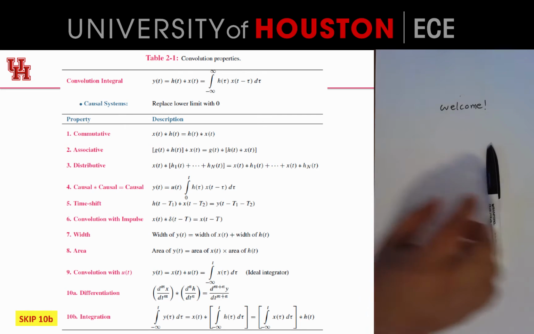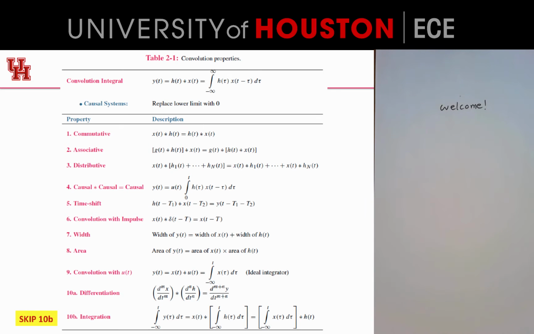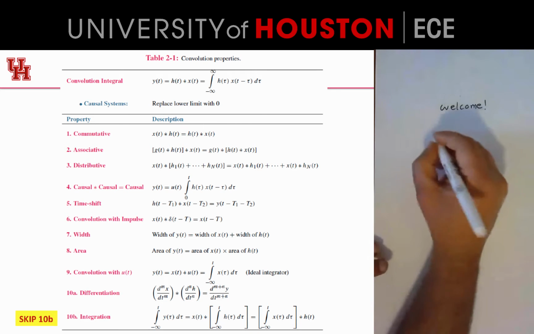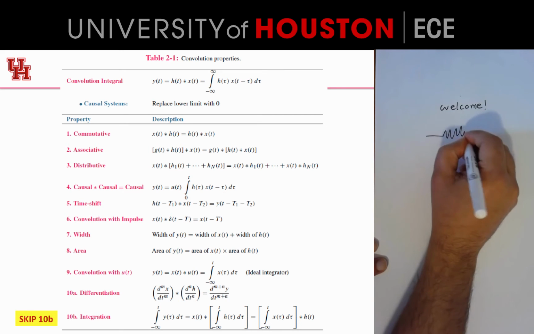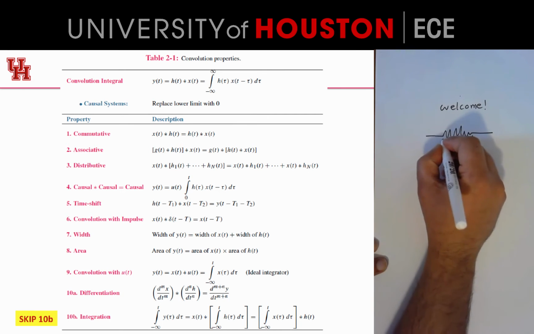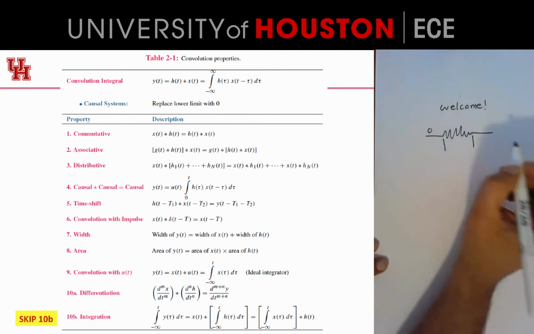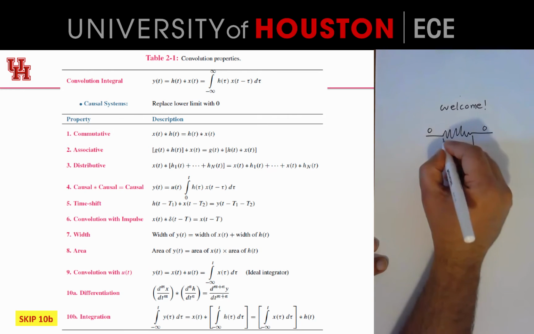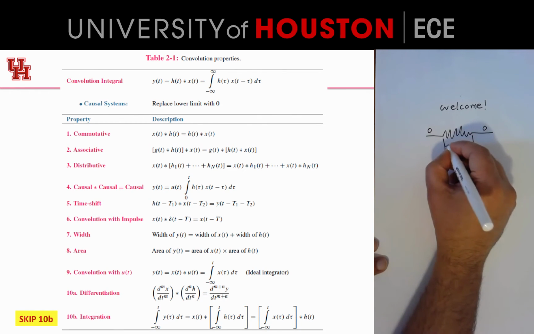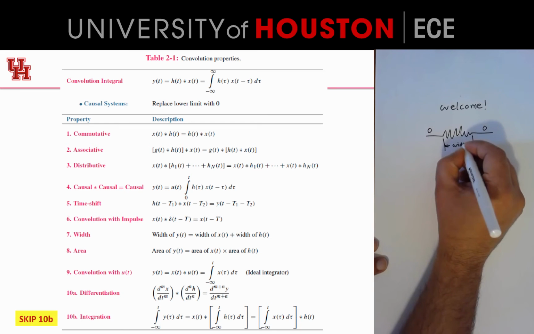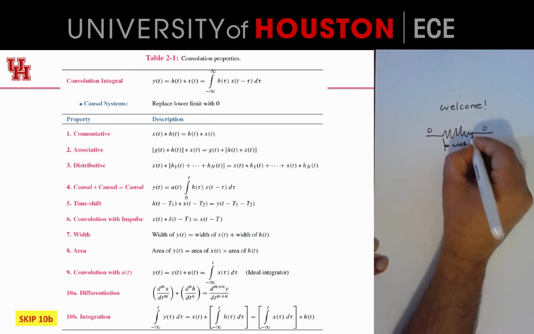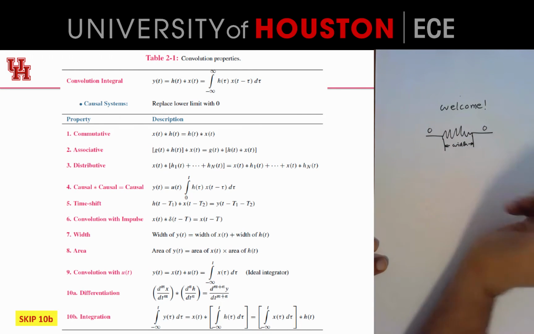Now, the other theorem has to do with the width. If you have a signal with a finite width, it's 0 over here, it's 0 over here, but over this region it has some non-zero value. So the width is the time period over which the signal has some non-zero value.